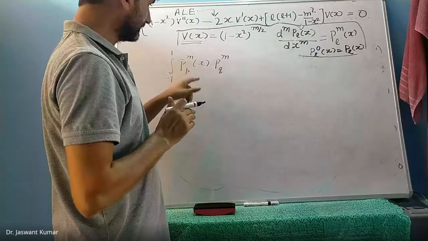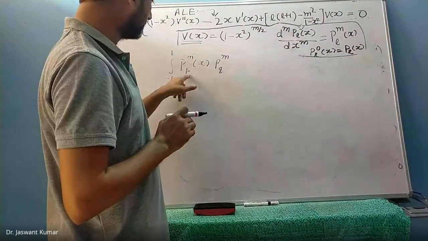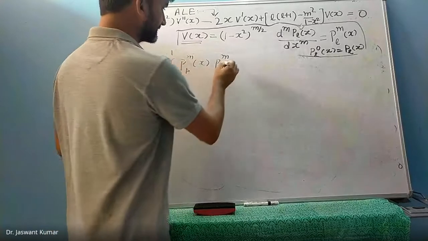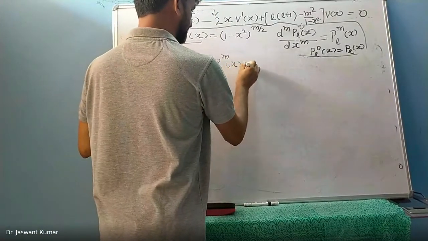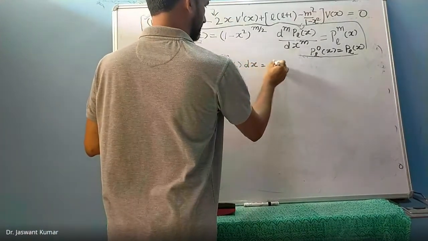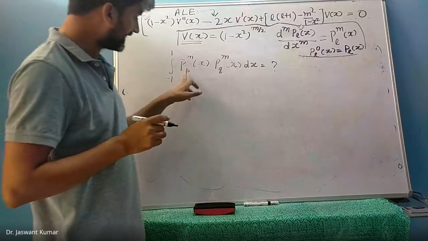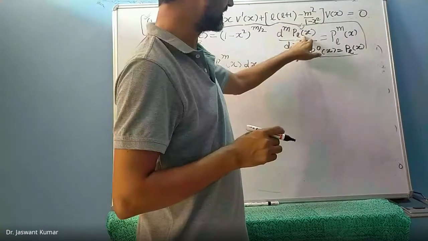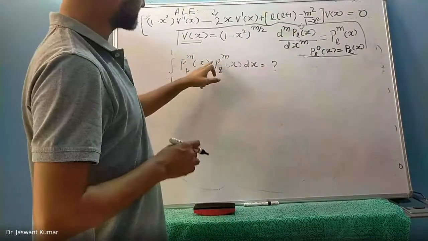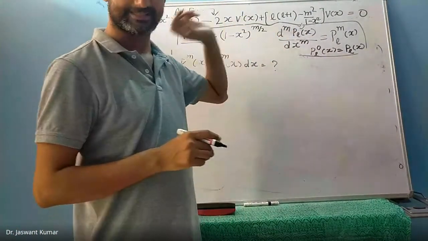So you will write P_PM of x, P_QM of x, dx. You write this P_PM of x in terms of this, and this P_QM of x also in terms of this.